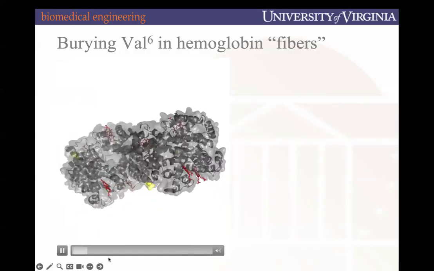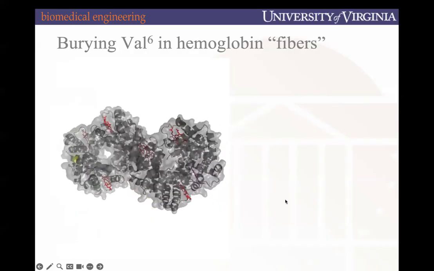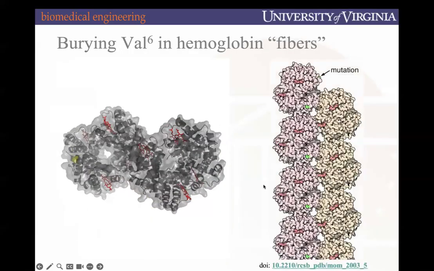Multiple hemoglobins will start stacking on top of each other. Sorry, let me take one step back. They bury the mutated valine and create this fiber-like structure.